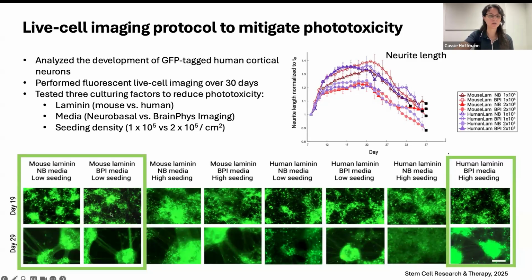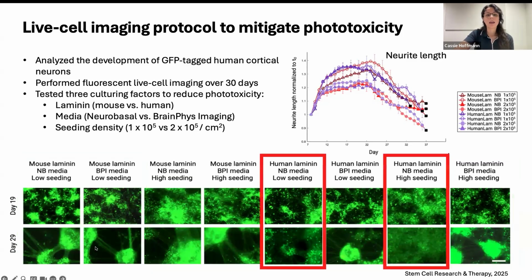And you can see with those, there was extensive self-organization. And I found this really interesting negative interaction between human laminin and neurobasal media. You can see that by day 29, the cells were essentially all dead, so that we've got extensive blebbing and neurite retraction.